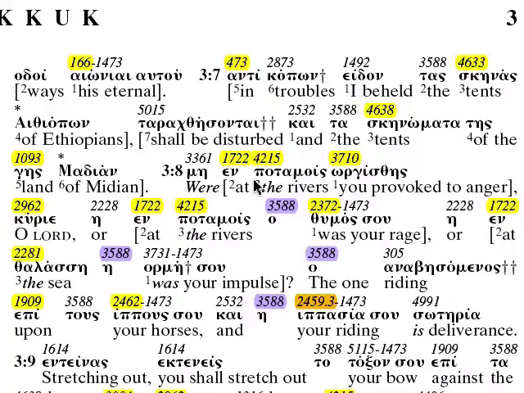The potamois, the Potomac River, means river. Were you provoked at the rivers? What rivers is he talking about here? Probably the Mesopotamia and the area between the Tigris and the Euphrates, but I can't say that exactly, but it's a possibility. Kyrie, O Lord.